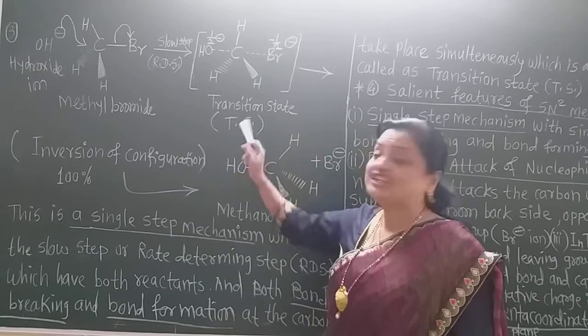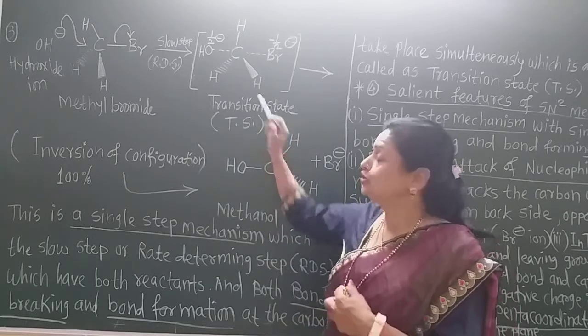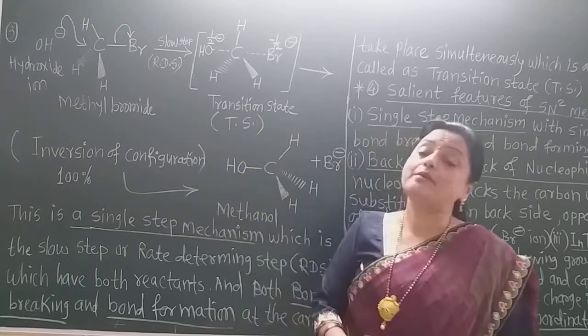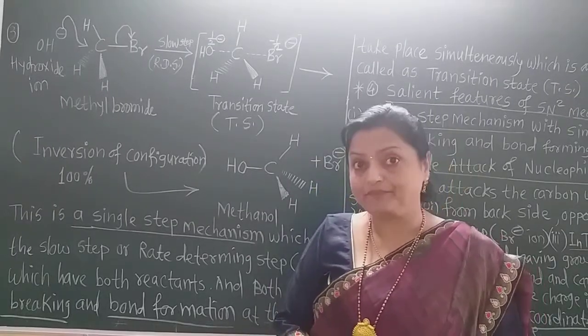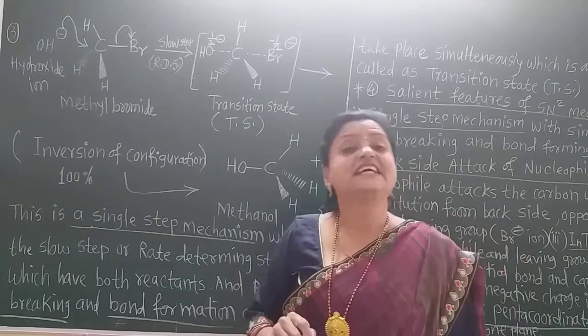So this is the one step reaction. Only one slow step is there, though it is a bimolecular reaction, it is a one step reaction. Remember that only one transition step is there.